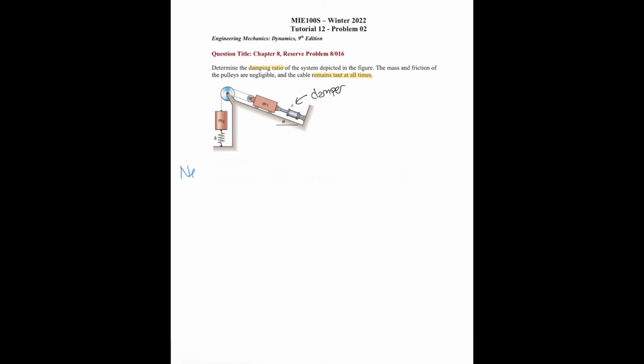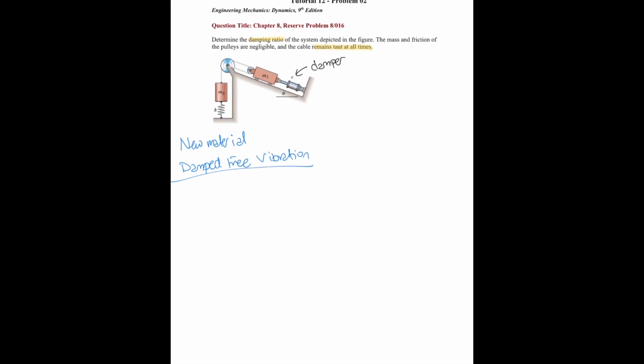So let's discuss what it's going to look like when we've got a damped free vibration. When we've got a damper, we also have a damping ratio. Excuse me if I write it in a weird way, but this is basically zeta, or the damping ratio.